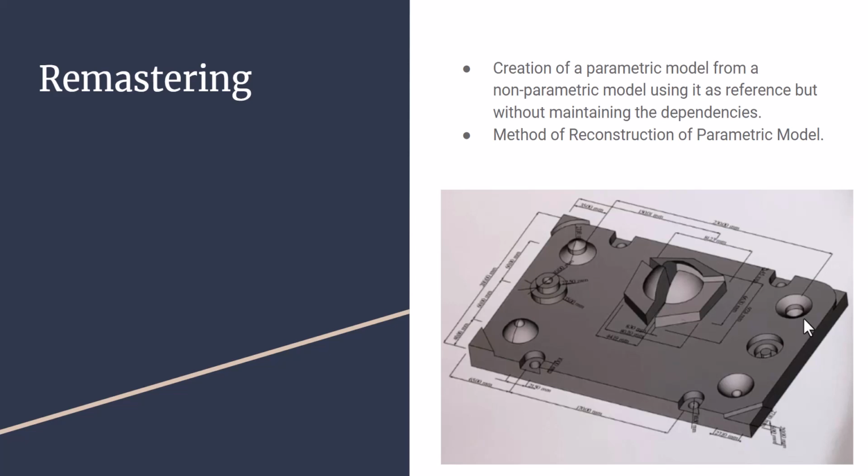And when we have the parametric model available, we can definitely go for further modification and upgradation. But doing all these things on the non-parametric model is a little bit difficult and not accepted in industries. So that's why we perform remastering.